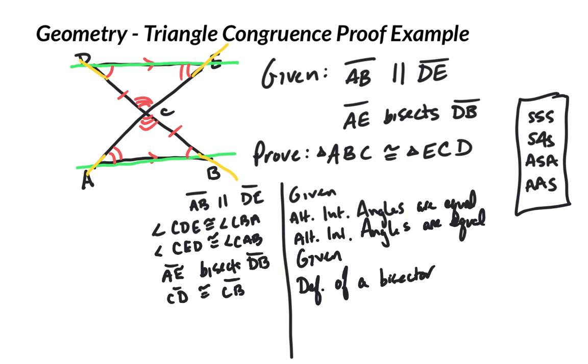So here we are. We have established here that we have angles and we have this side. So the two triangles are congruent by angle angle side. So always make sure you list your givens, but then also say, well, what did that tell me?